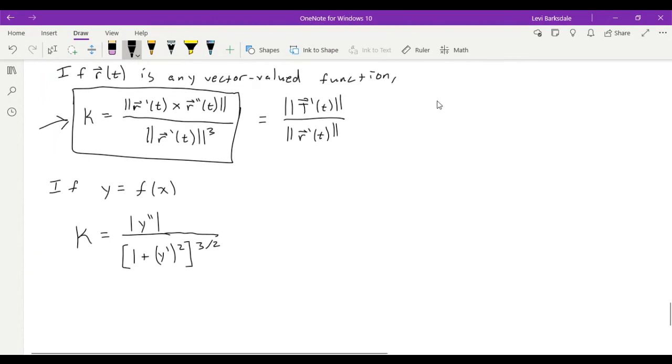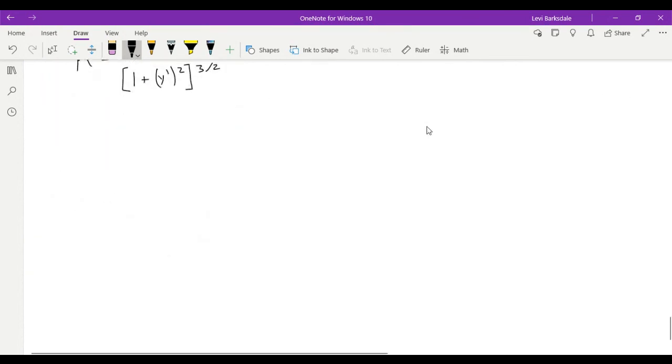So let's do one quick example. Find the curvature of this function r of t equals sine of t, cosine of t, and t.